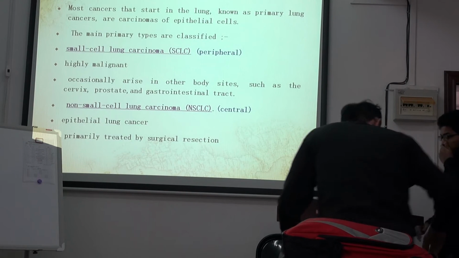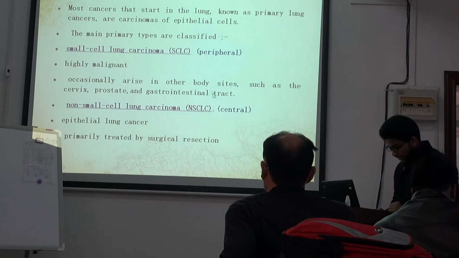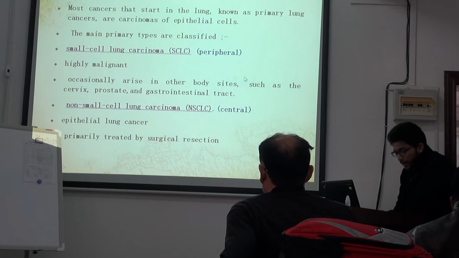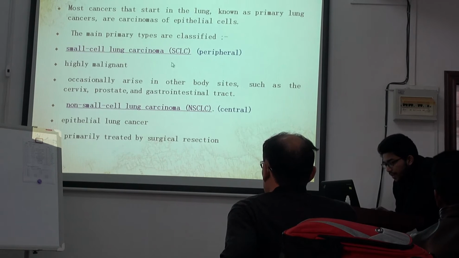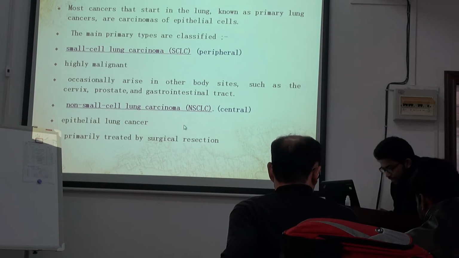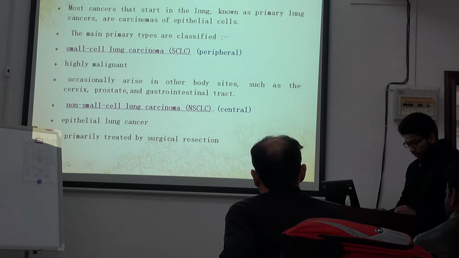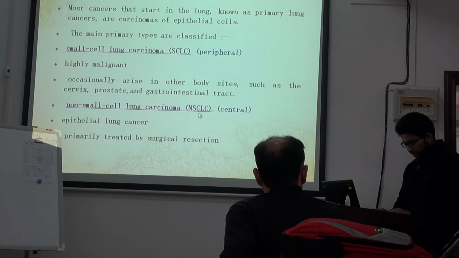So, before going to lung cancer in detail, we need to know some classification. Small cell lung carcinoma and non-small cell lung carcinoma. Here we're going to discuss non-small cell lung carcinoma.